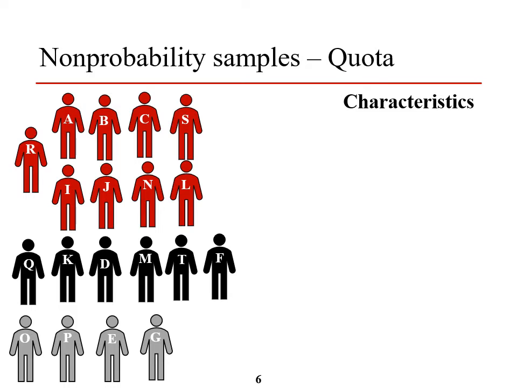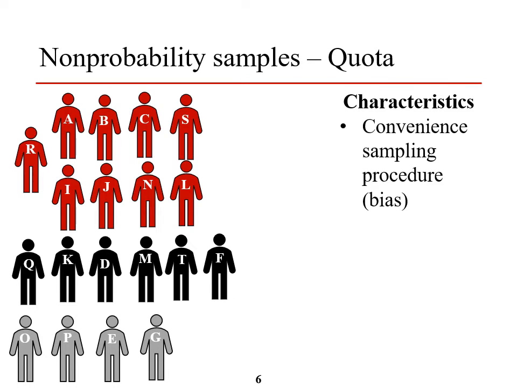With these different characteristics, what's important to note here is that quota sampling uses a convenience sampling procedure. So it's going to be those that are most readily available to the researcher, easily found, and willing to participate in the research.